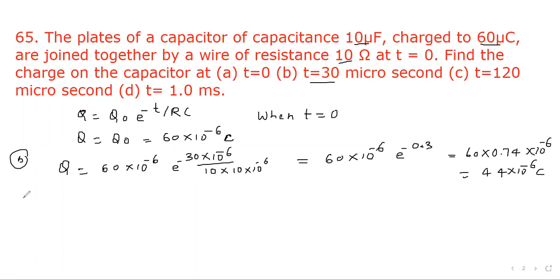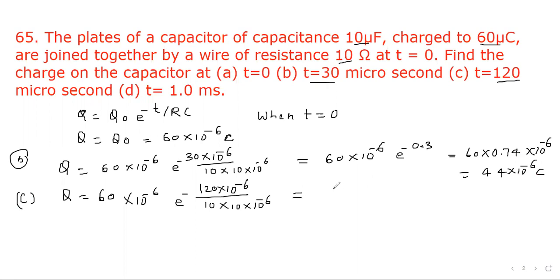Now, part C, when t equal to 120 microsecond, so Q equal to Q0, 60 into 10 to the power minus 6, e to the power minus 120 into 10 to the power minus 6 divided by RC, 10 into 10 to the power minus 6. So this will become 60 into 10 to the power minus 6 times e to the power minus 1.2.